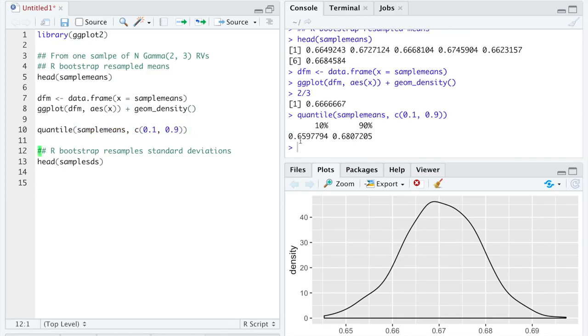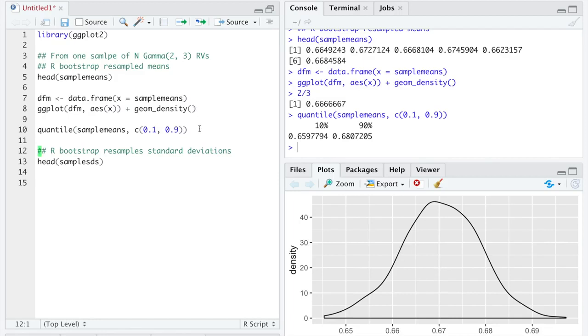So here, 0.66, that's like this value here, and 0.68, that's like this value here. So in between here, the 10th percentile, and here, the 90th percentile, is 80% of the sample means.